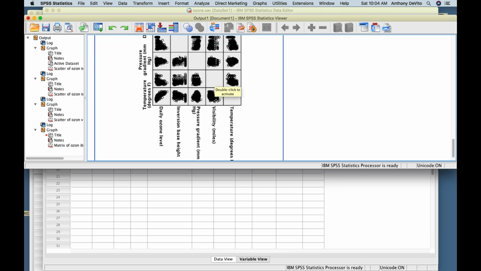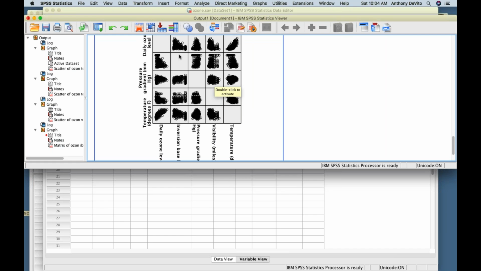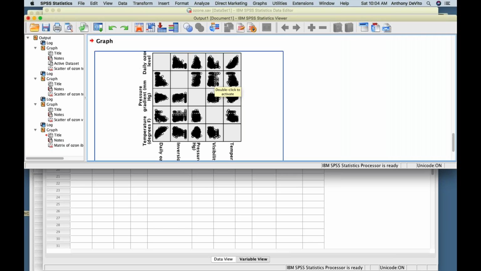This is just a way for me to get a quick look at comparing many of these different variables to each other, so I can look for interesting associations. Again, just like a lot of things in SPSS, when we see the outputs, we can see that it's trying every permutation.